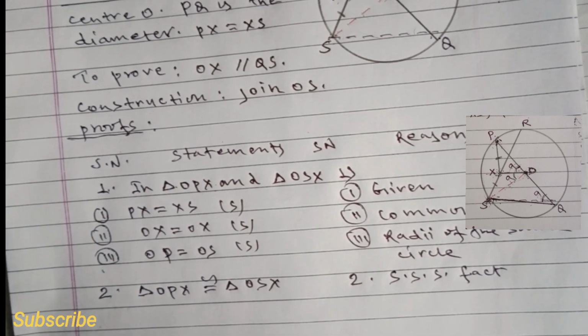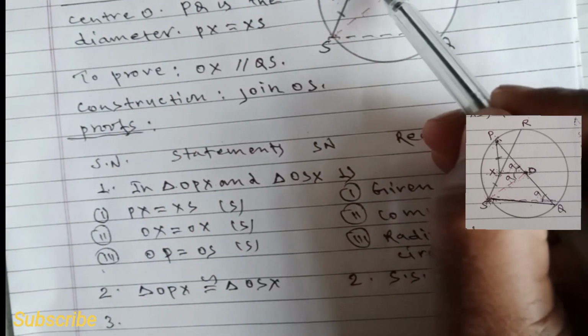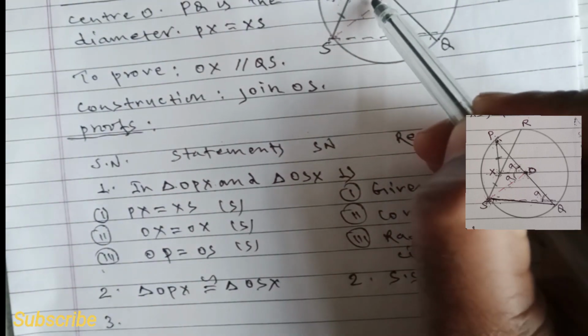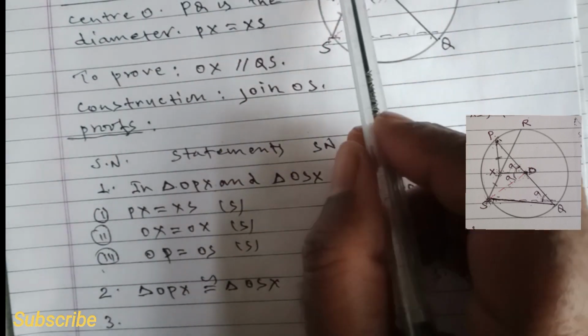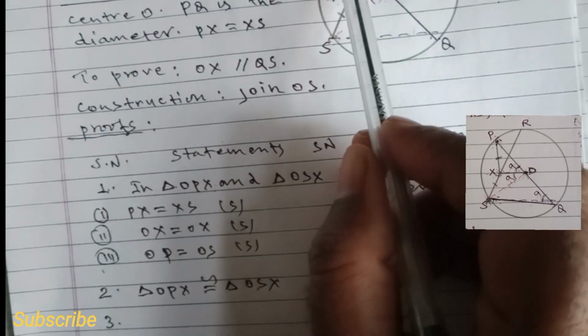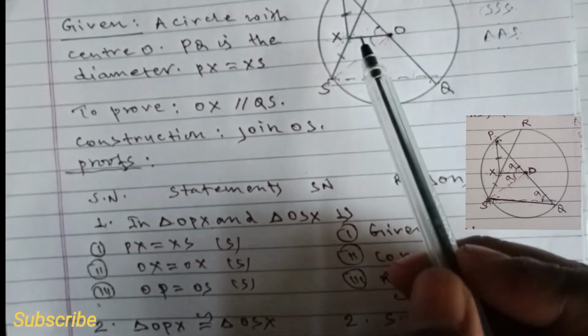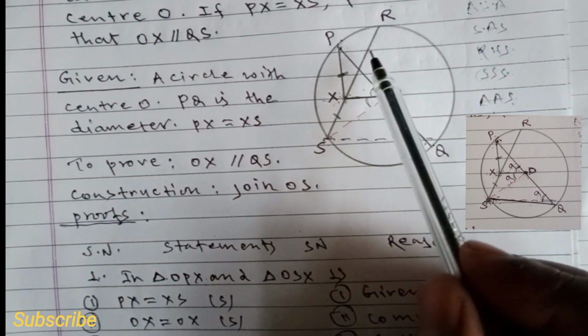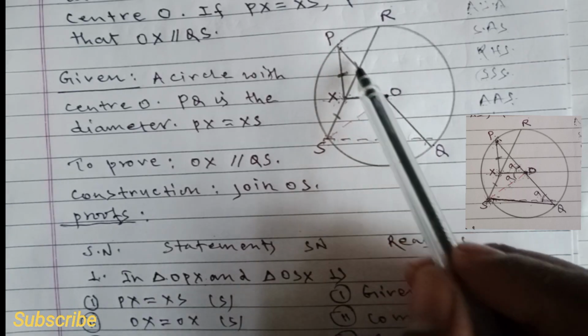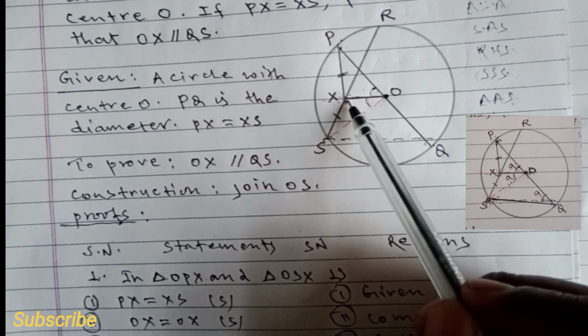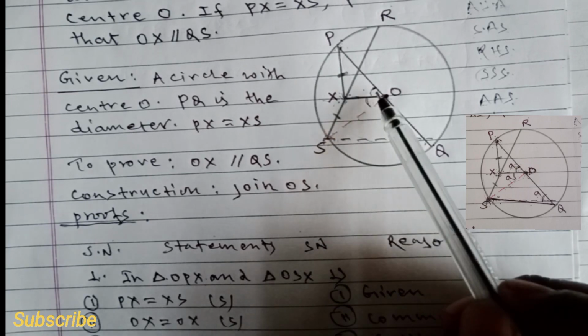Dear students, after showing two triangles congruent, we can take corresponding angles of congruent triangles equal.